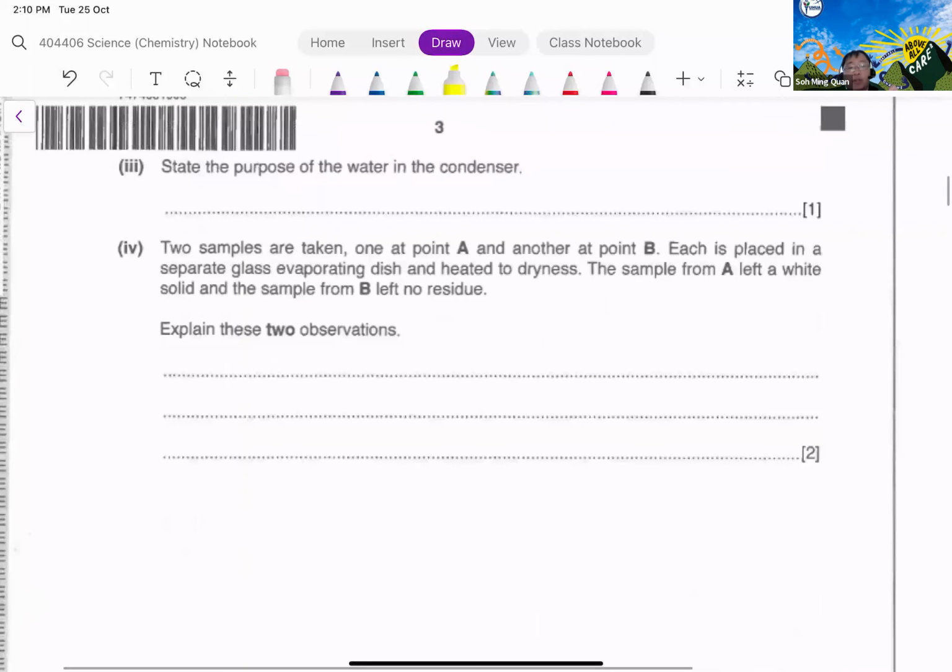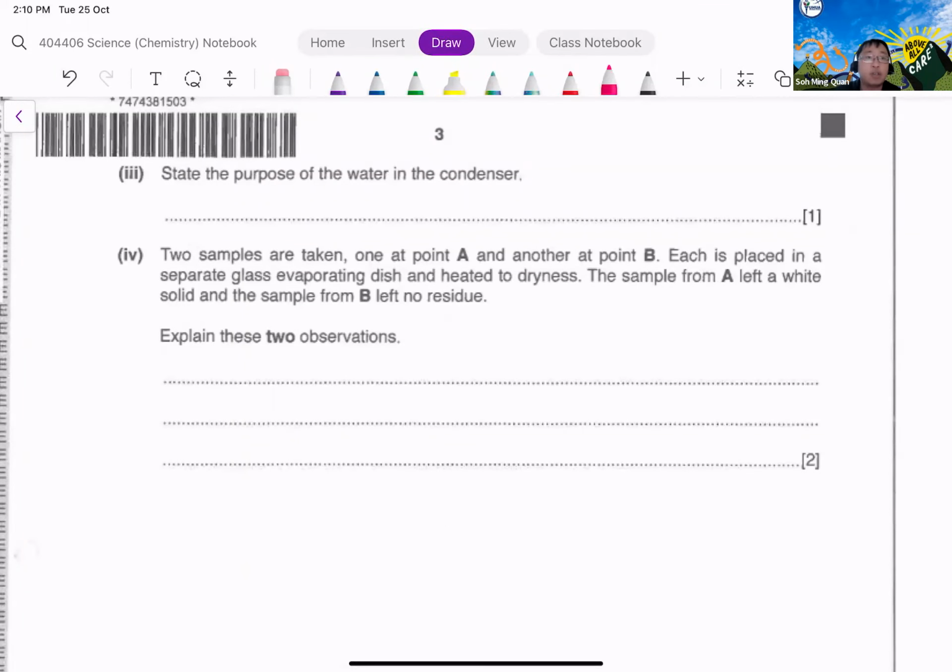Okay, next. State the purpose of the water in the condenser. So in 2016, many students got confused. Because in class, they have learned the purpose of the condenser, but they have not learned the purpose of the water in the condenser. But actually, isn't it the same? You are pumping in cold water into the condenser so that the condenser can perform its function, right?